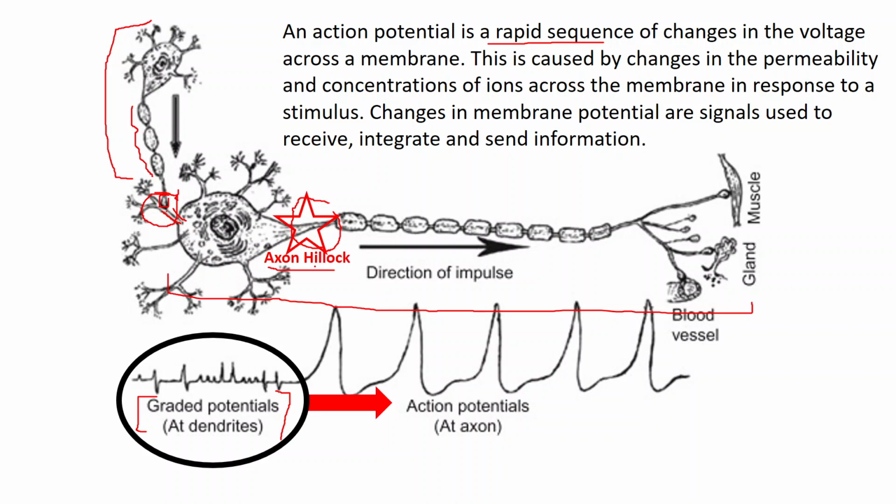Yeah, to depolarize the axon hillock, to bring the membrane at that location to threshold for the voltage-gated sodium channels to open, then we would have a full-blown action potential, okay? So graded potential is generated in the dendrites, whereas the action potential is mainly initiated at the axon hillock. Then it will travel down the axon to reach the axon terminal, where it will trigger the release of neurotransmitters, okay?